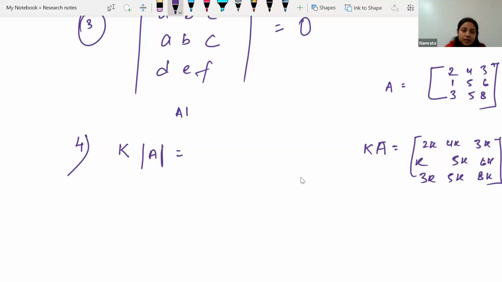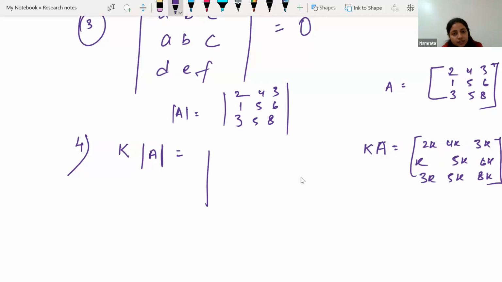So when we are having a scalar multiplication over here, and suppose we are having a determinant A as the same 2, 4, 3, 1, 5, 6, 3, 5, 8 in determinant form, if we have to multiply k like this, then it will only get multiplied with any one of the rows, or maybe any one of the columns, not with each and every element.